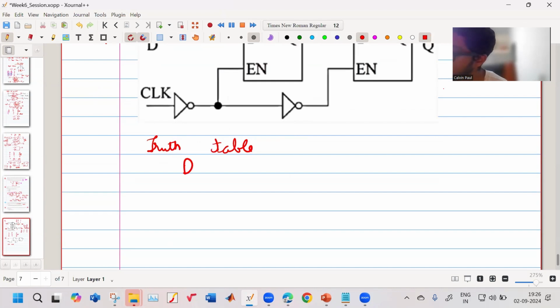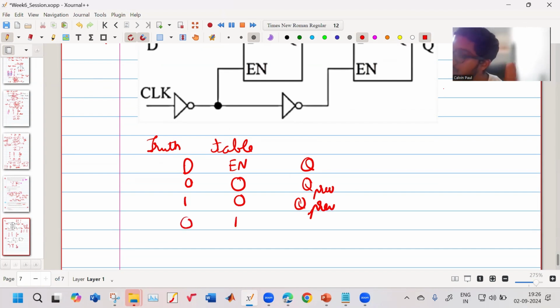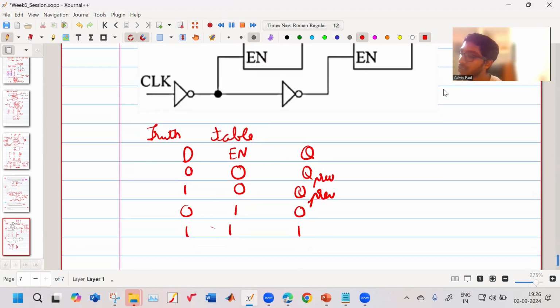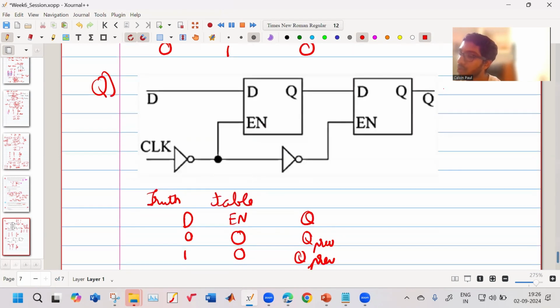There is D, there is enable, and there is Q. If enable is 0, whether D is 0 or 1, Q will be Q previous. That is, it will store. But if enable is 1 and D is 0, then it will become 0. If enable is 1 and D is 1, it will become 1. So this is the truth table of a D flip-flop, or one of the flip-flops.